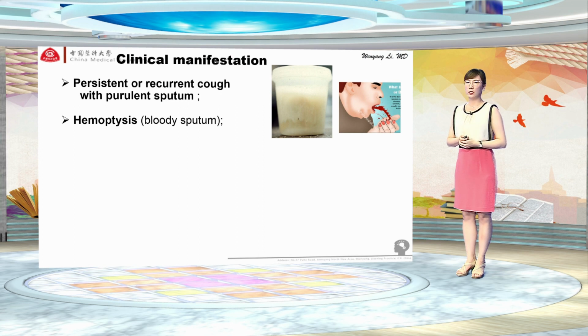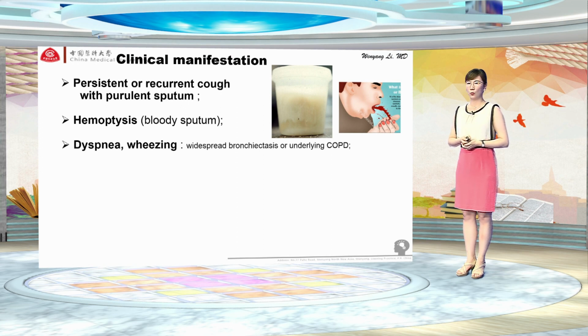However, it is noteworthy that in some patients, repeated hemoptysis may be the only symptom. Clinically, we call this situation dry bronchiectasis. If the hemoptysis is a large amount of bloody sputum, it is dangerous and needs emergency management, or otherwise it may lead to death of the patient.